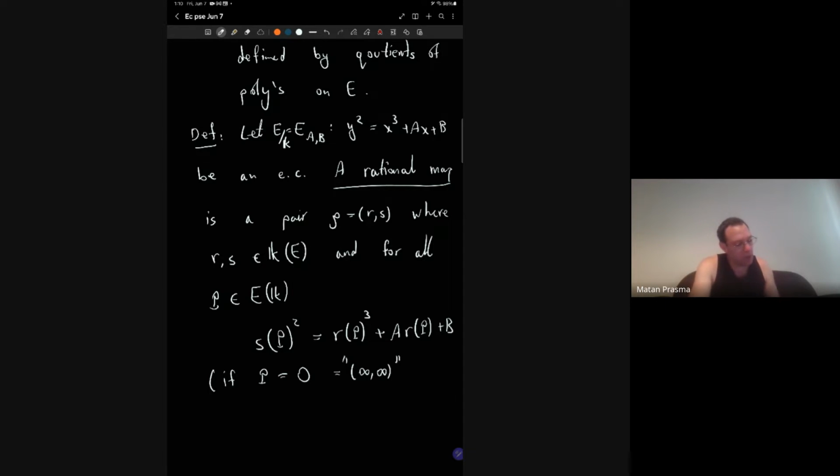So when I write this equation for the point at infinity, I really mean that S(O) is equal to infinity if and only if R(O) is equal to infinity. So you can just think of this equation as always valid for all points. For the point at infinity, you just substitute infinity in both coordinates.